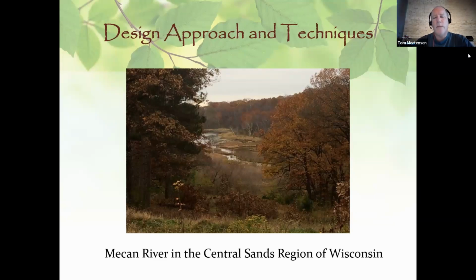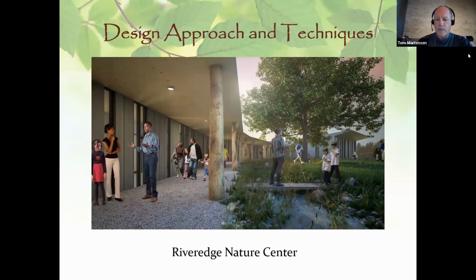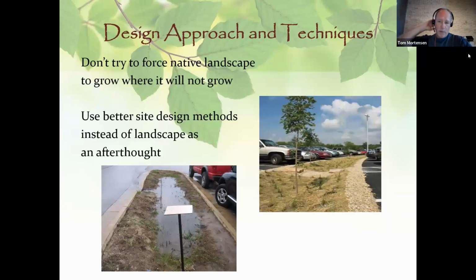And when you think about that, it's interesting because there are no trees down in the floodplain. There are no trees down in the low flow channel. The hardwoods are adapted to grow on the side slopes. So when you try to force green infrastructure or that methodology into the middle of a parking lot, like in the upper right, that's the opposite of what happens in nature.